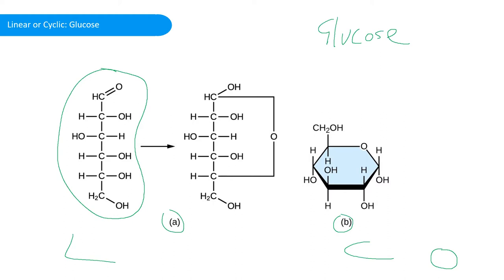It's very much the same. All it means is that one of these corners here, 1, 2, 3, 4, 5, that's where the carbons are. And hopefully you can see H2O, H2O, H2O, H2O. It's just the same molecule.